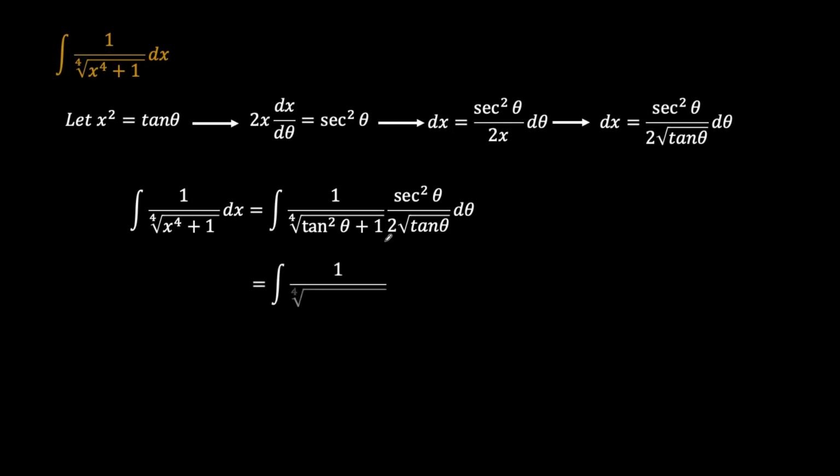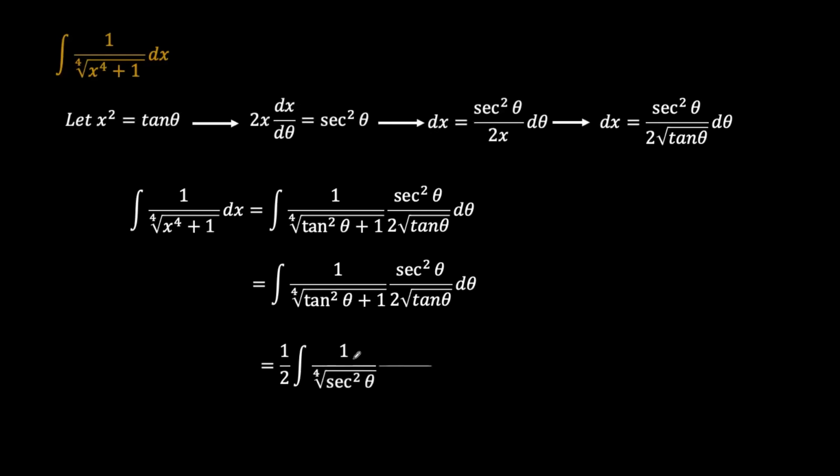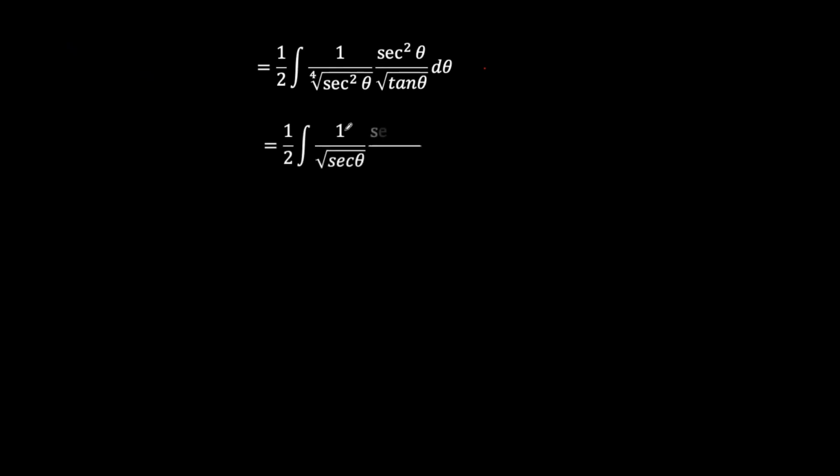Now, since tan squared theta plus 1 is the same as sec squared theta, we have half the integral of 1 over the fourth root of sec squared theta times sec squared theta over square root of tan theta. The fourth root of sec squared theta is the same as the square root of sec theta. So going forward, we have half of the integral of 1 over square root of sec theta times sec squared theta over square root of tan theta.